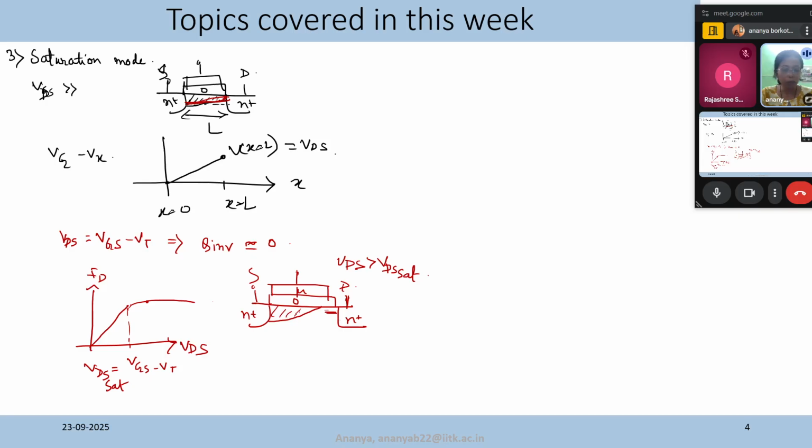There will be no increase of current with this, but only that path for electrons will be completed. So ideally we get a constant current. Actually we don't get a constant current. So this is the saturation mode of operation where the drain current is constant.